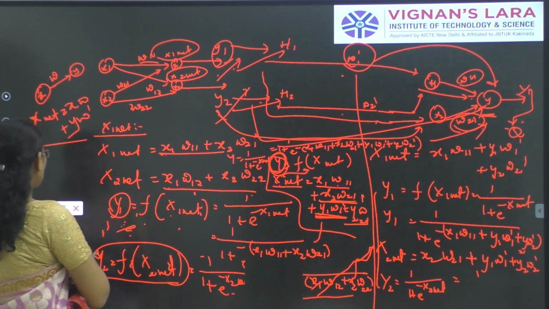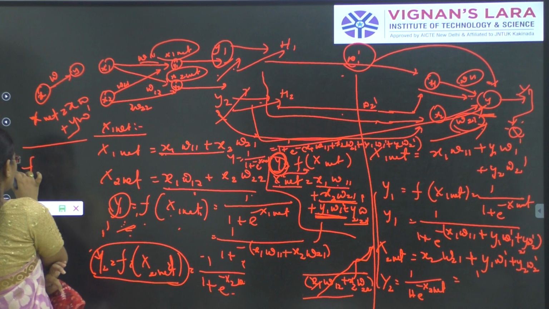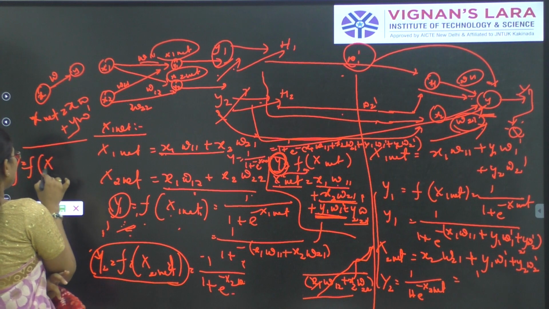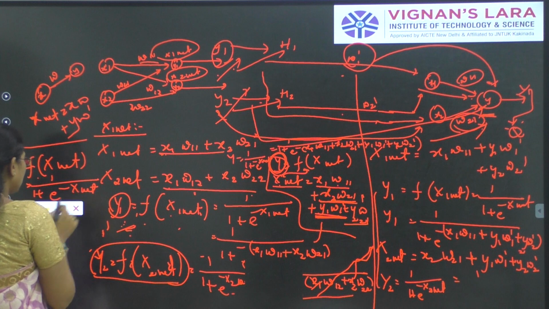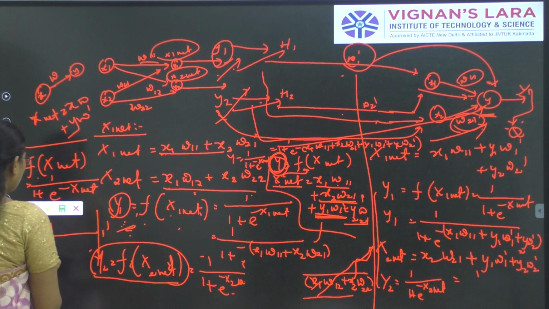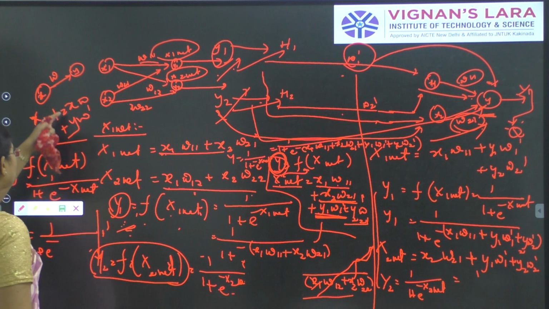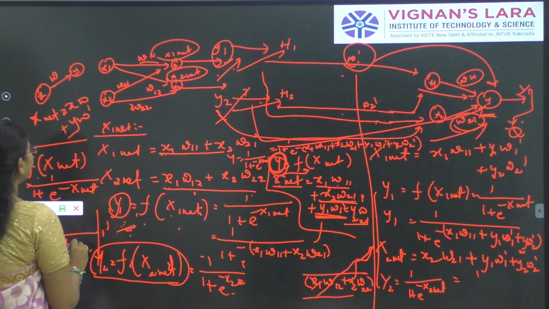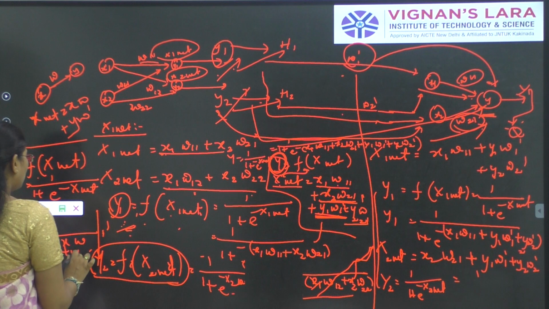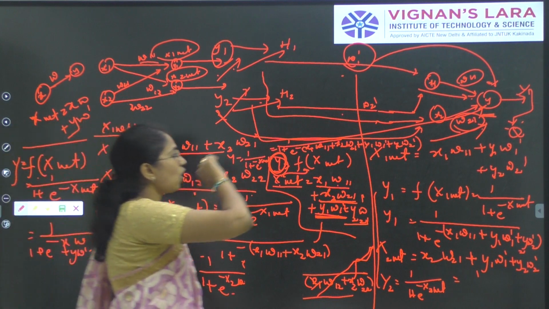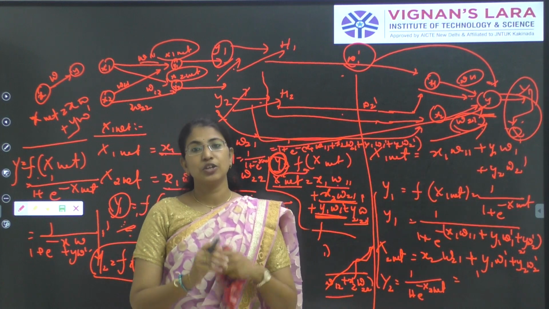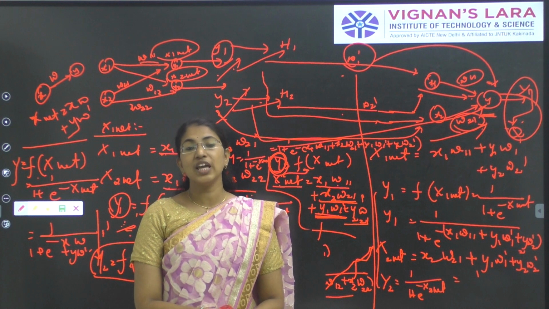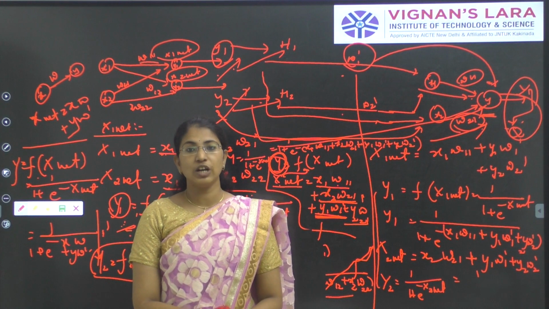Now, this is again passed through the activation function, generating the output y, which is f of x net, which is equal to 1 by 1 plus e power minus x net, which is equal to 1 by 1 plus e power minus, what is your x net? x into W plus y into W dash, by recalling this information which is stored in the memory location Q. So this is how storing and recalling will be done in a neural network.